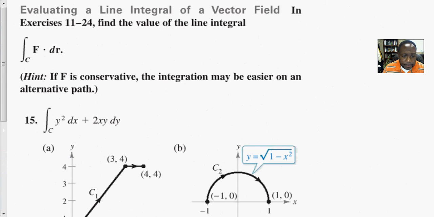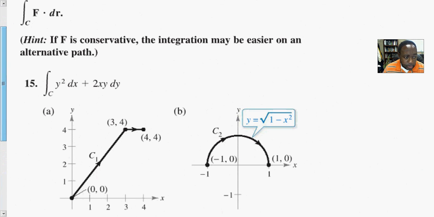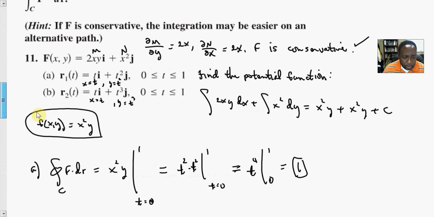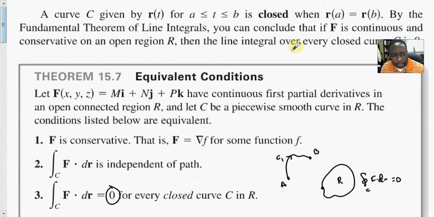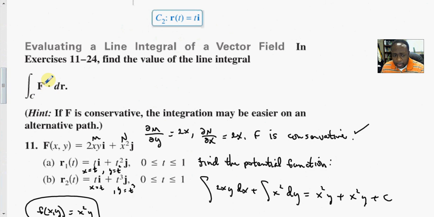Let's look further. See how interesting it is that it took us longer. You looked at number 11 and we determined that f was conservative. And so being that f was conservative, we got the result a whole lot quicker.